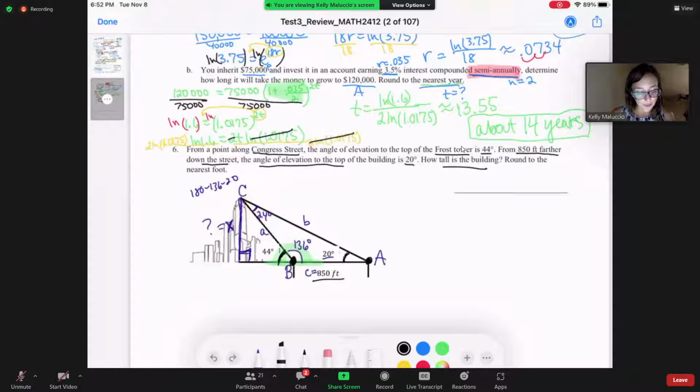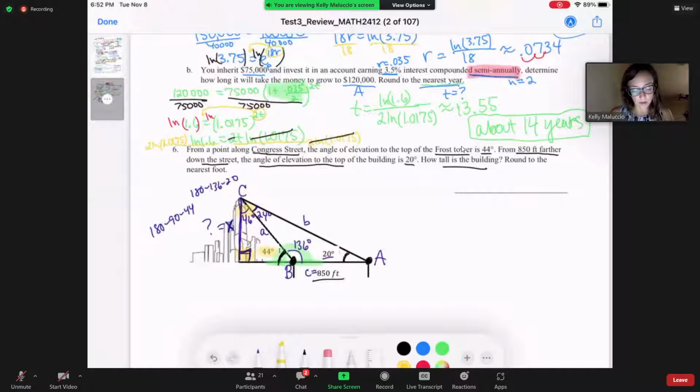Actually, we can even get this angle. Oh my God, I'm lying, because it's a right triangle, right? Why did I not see that? So this is 90 and 44. We can get this angle by doing 180 minus 90 minus 44, and it's actually 46 degrees. However, that still doesn't help us because we still don't have any of the sides.